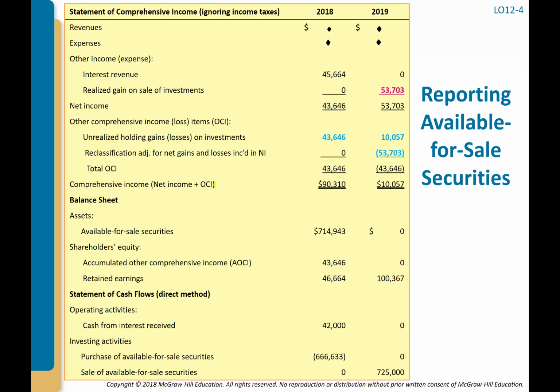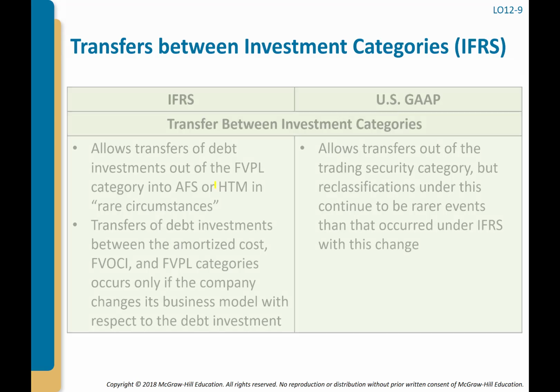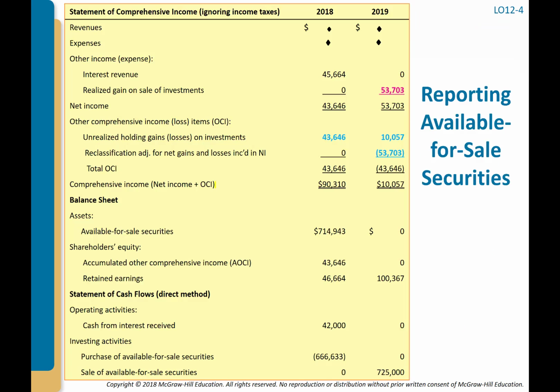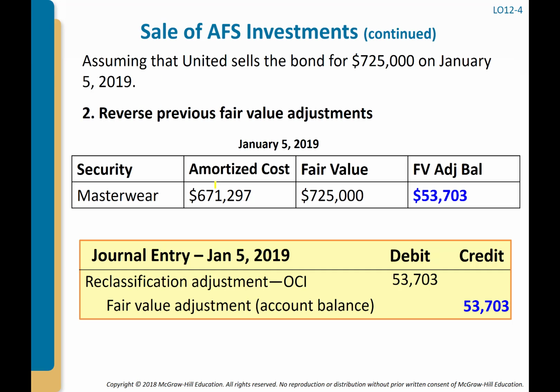Now it comes out, and my accumulated other comprehensive income now is going to be 0, isn't it? By reclassing it out the way we saw here, a reclassification adjustment out of OCI, that's going to decrease my accumulated OCI, isn't it?